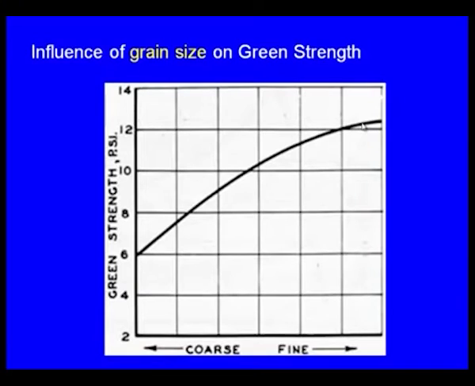So what does this graph tell us? As we use finer and finer sand, the green strength will become more and more. That is the information we can obtain from this graph.